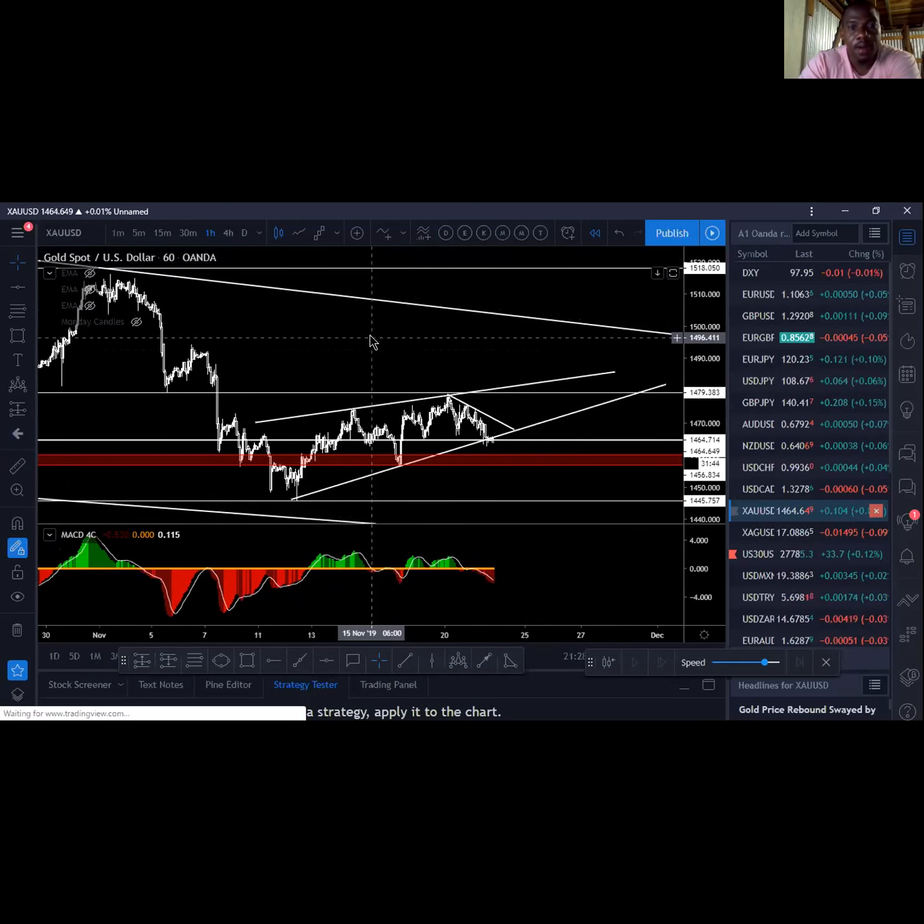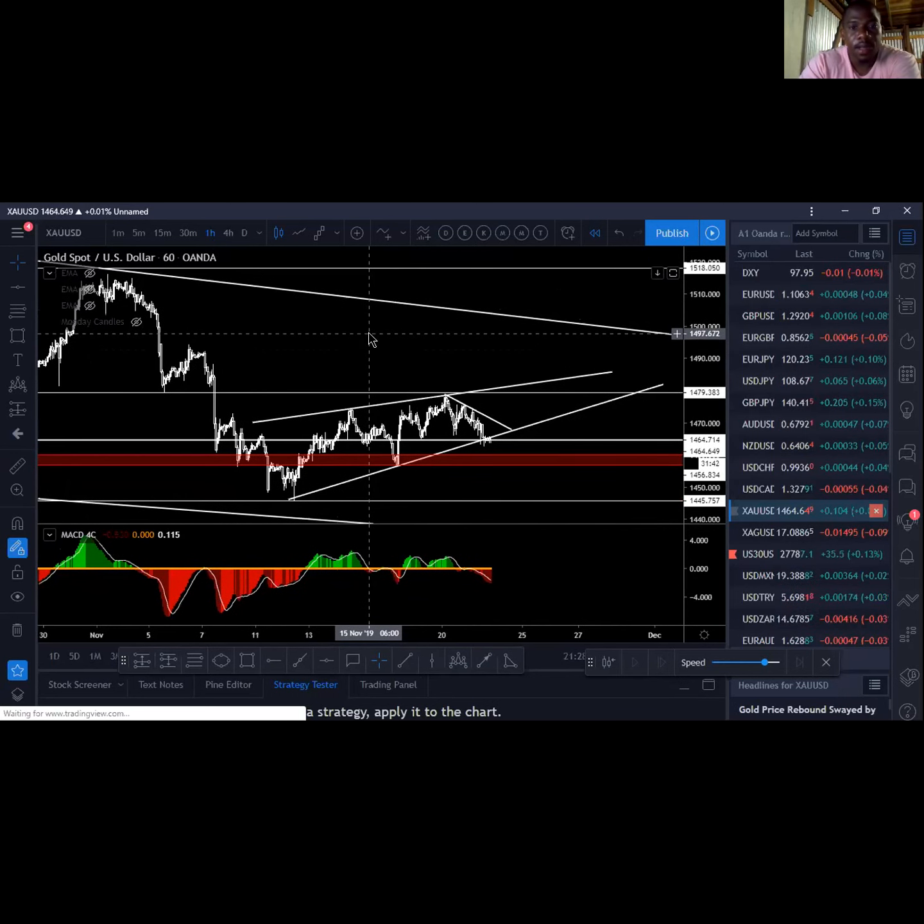And remember, zones and support and resistance on the higher time frames will be a lot stronger than the ones on the lower time frame. So that's why we start on the daily and mark my zones around price and my trend lines, and then work my way down to the hourly.